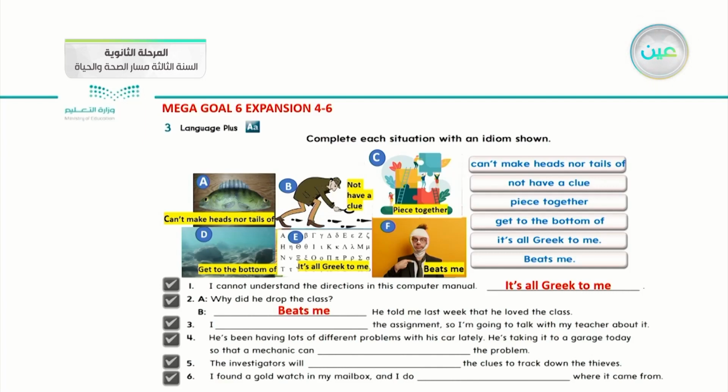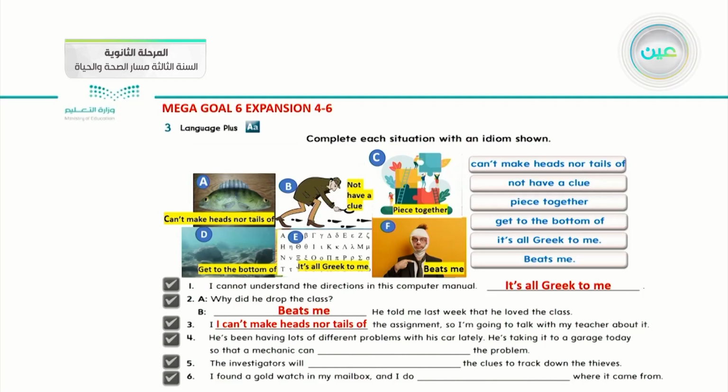He would like to finish it early. And 3, I can't figure out the assignment, so I am going to talk with my teacher about it. So what do you think it is? I can't make heads nor tails of this assignment, so I'm going to talk with my teacher about it.